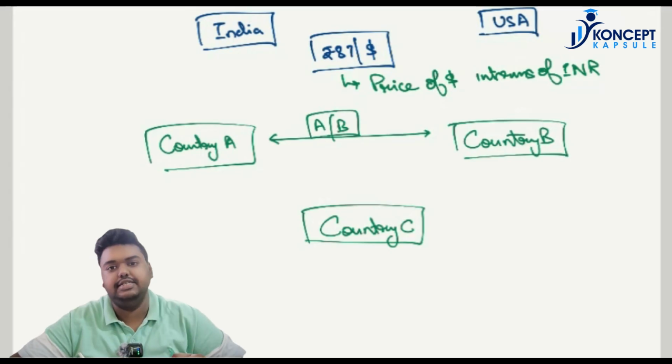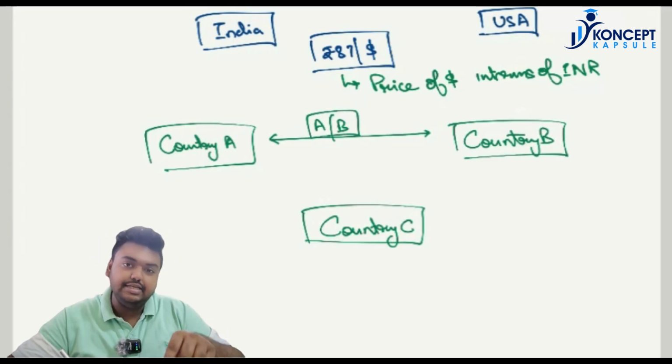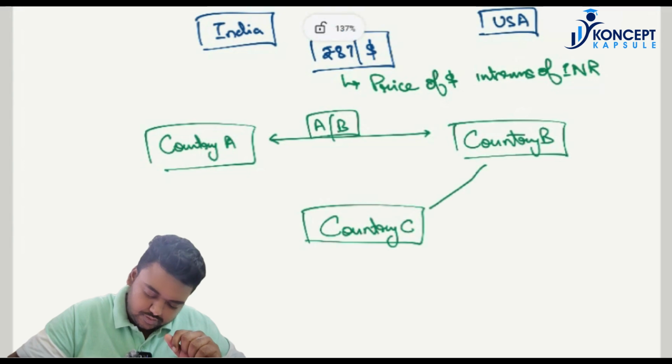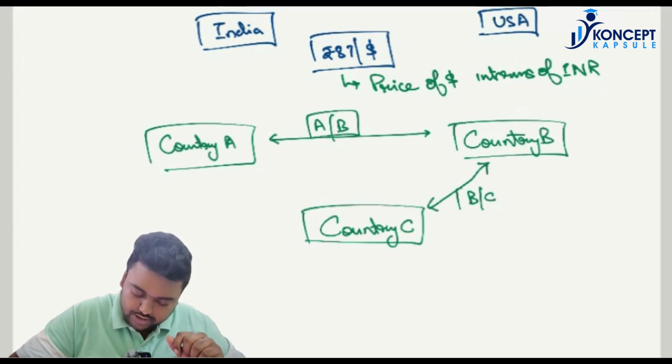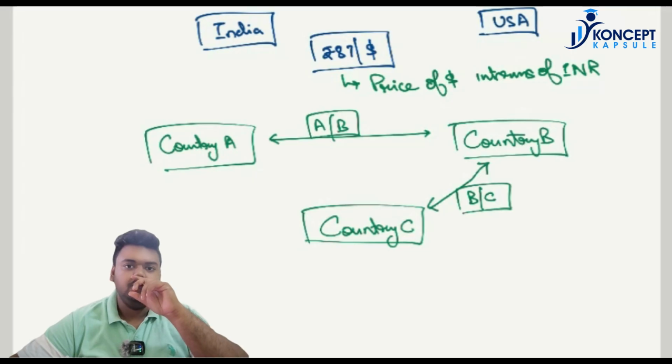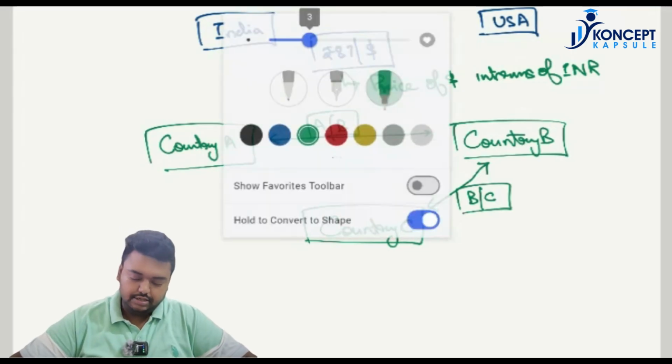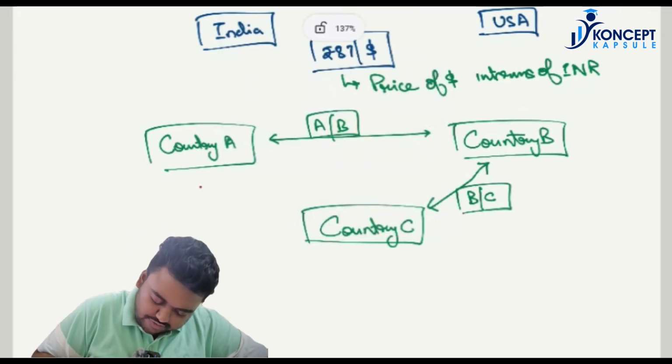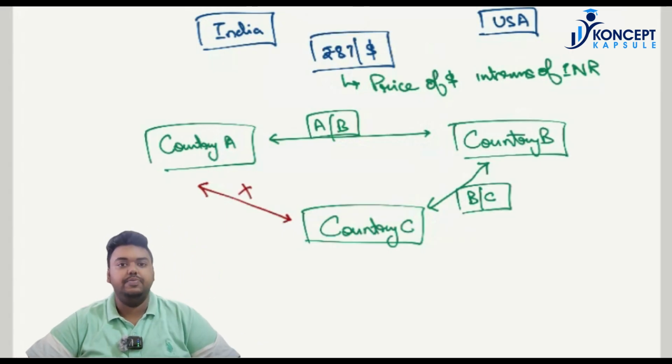That will be the exchange rate. Suppose there exists an exchange rate between B and C as well, B per C. But suppose we assume a situation where there exists no exchange rate between A and C.